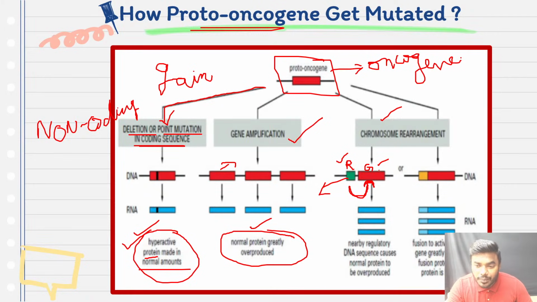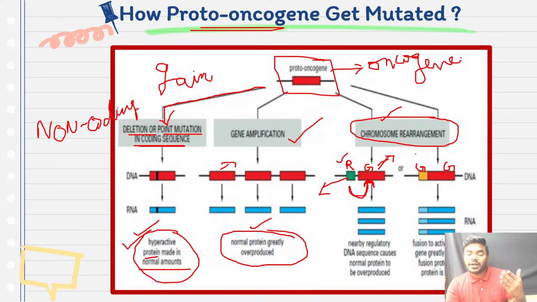Because of that, what happens? This particular gene is going to synthesize the protein, which shows either the over response or overproduction only. This is what a kind of chromosomal rearrangement. And listen, this gene having a different function, the red color one, and this gene having the different function.